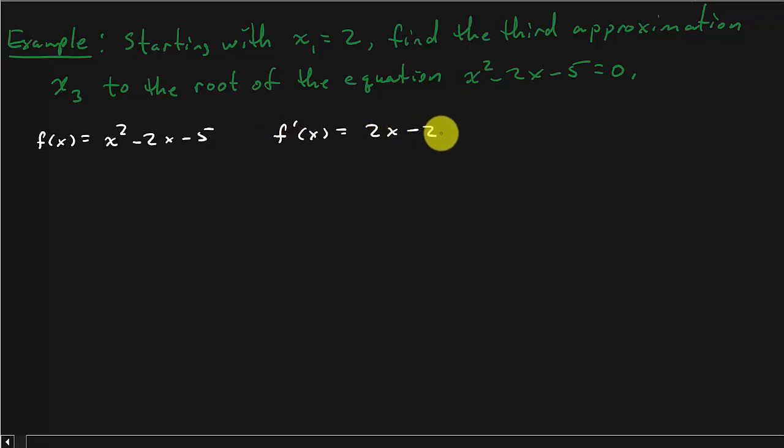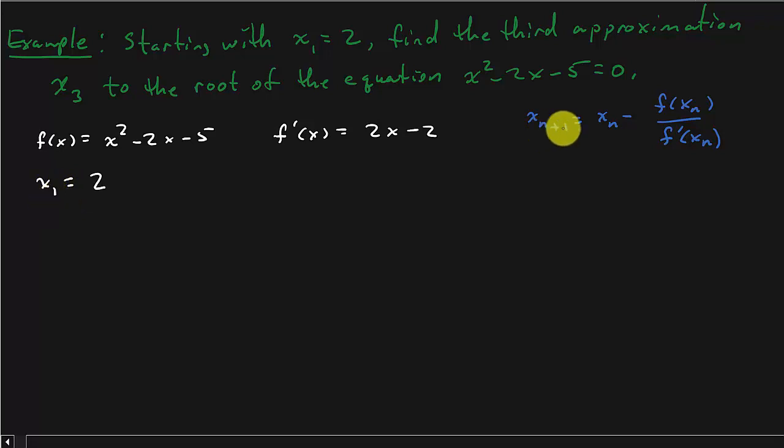Let's write Newton's method here: x of n plus 1 is equal to x of n minus f of x of n over f prime x of n. We've got our initial guess, x1 is equal to 2. So in this case, n is 1.